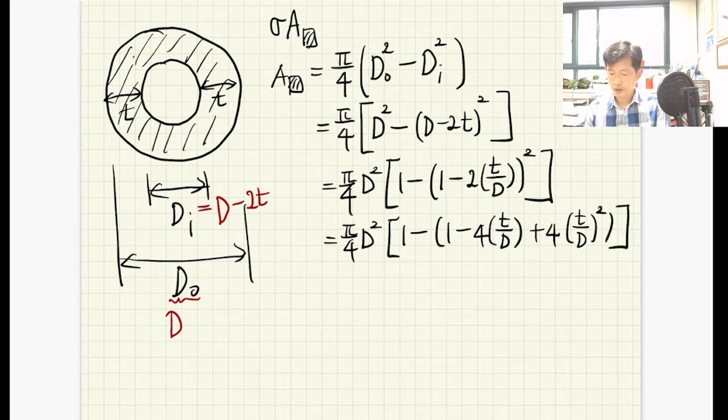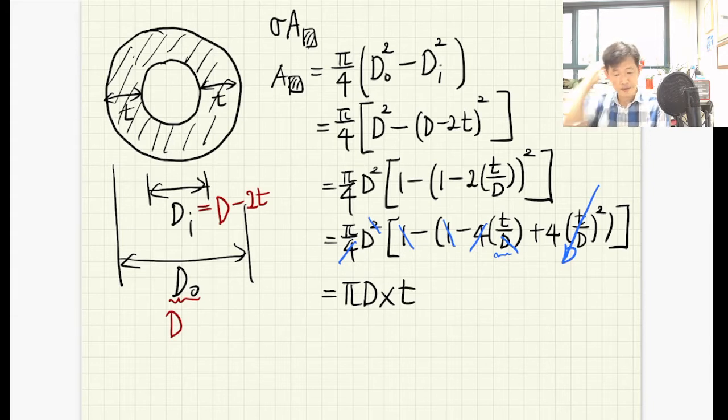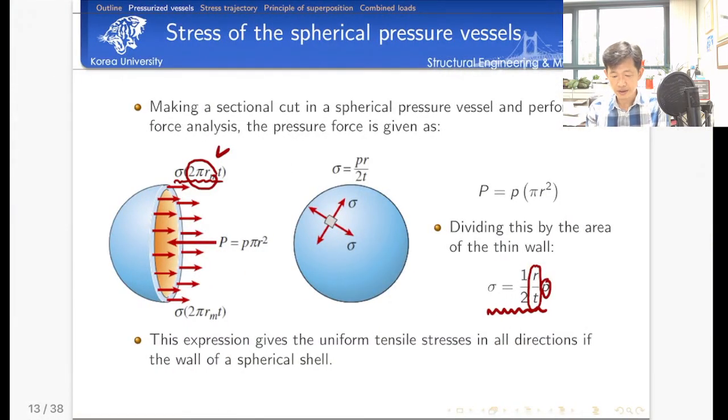Okay, so look at this. t over D is small, but I have the square of a small one, which is extremely small. That's why I'd like to drop the last term only. If you do that, then the 1 minus 1 cancels, the 4 cancels, and the square cancels. So finally we have pi times D times the thickness. Is it clear, right? That's why we have this equation.